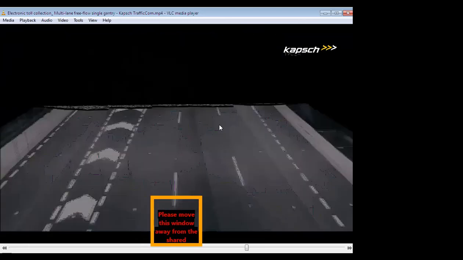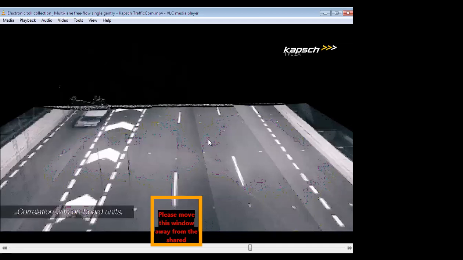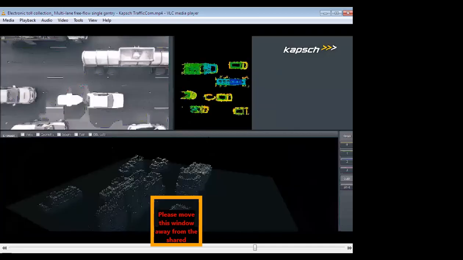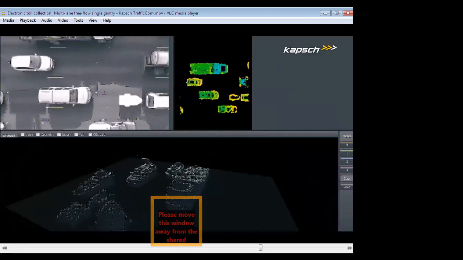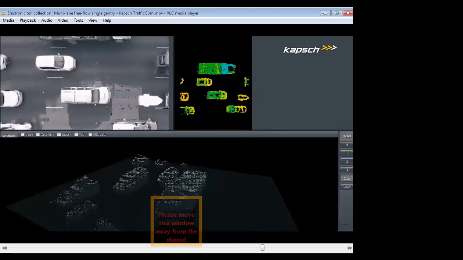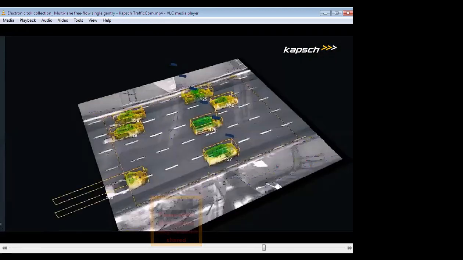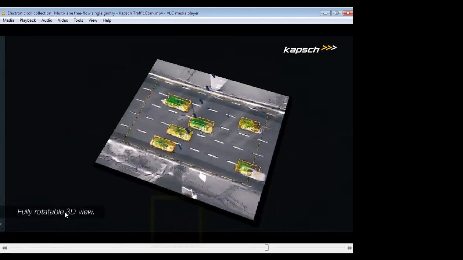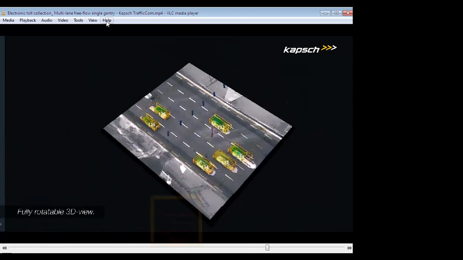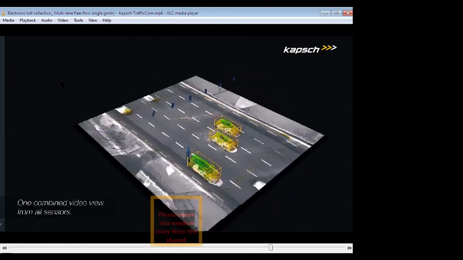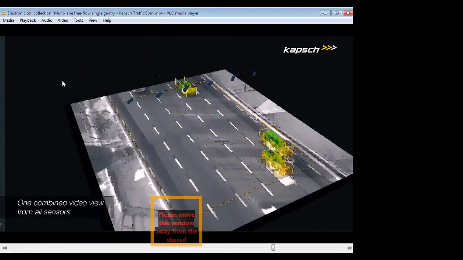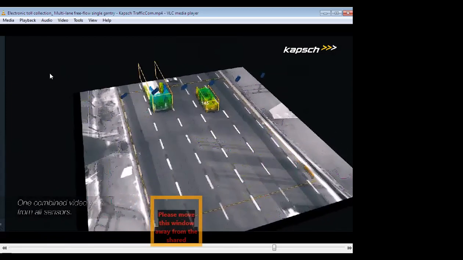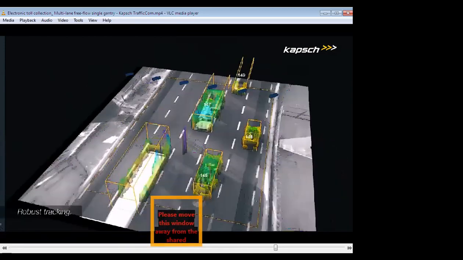We maintain perfect correlation between tag and vehicle. That's why vehicles with a tag and vehicles without a tag will be correctly identified and can be processed in the central back office in accordance with the business rules set by the toll road operator. Our analysis system includes a complete 3D view of what is happening on the highway. Each 3D camera provides a partial video sequence and is combined into one single view of the highway. As soon as the vehicle has been detected by our system, it will not be lost.